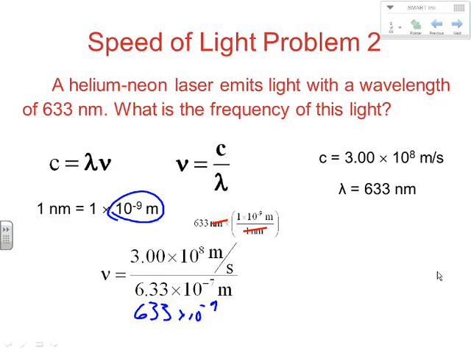So rather than going through all this, the easy way is, instead of using 6.33 times 10 to the negative 7th, just use 633 times 10 to the negative 9th meters, and it works perfectly fine. Just do a simple substitution, and it will make the math significantly easier. So don't go through the extra step and convert.